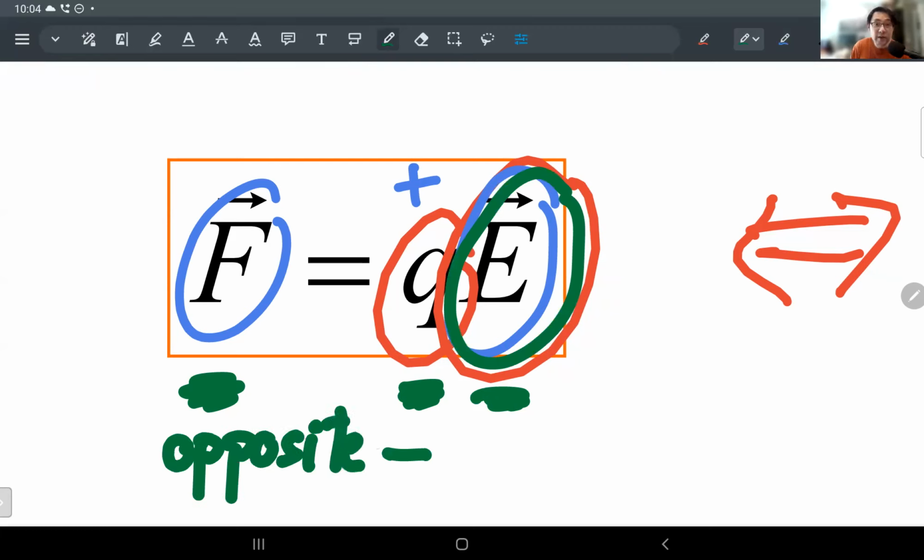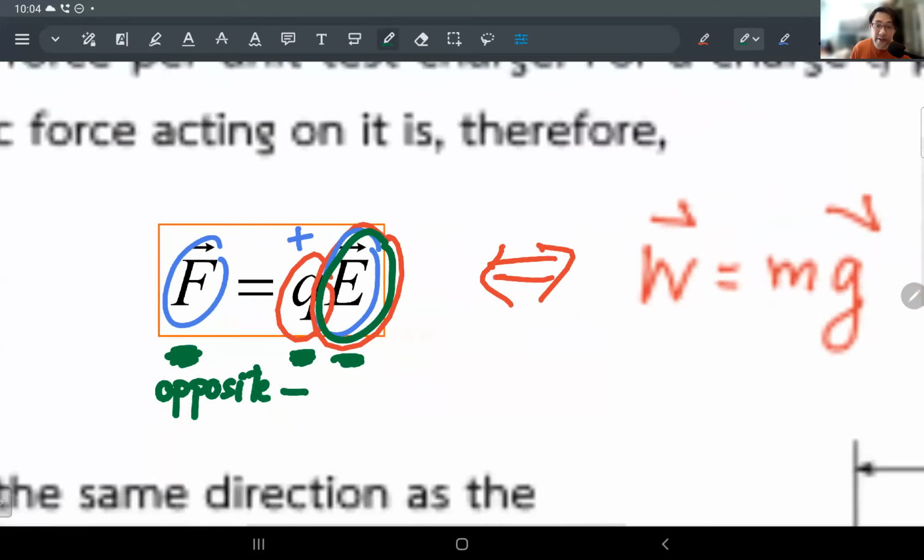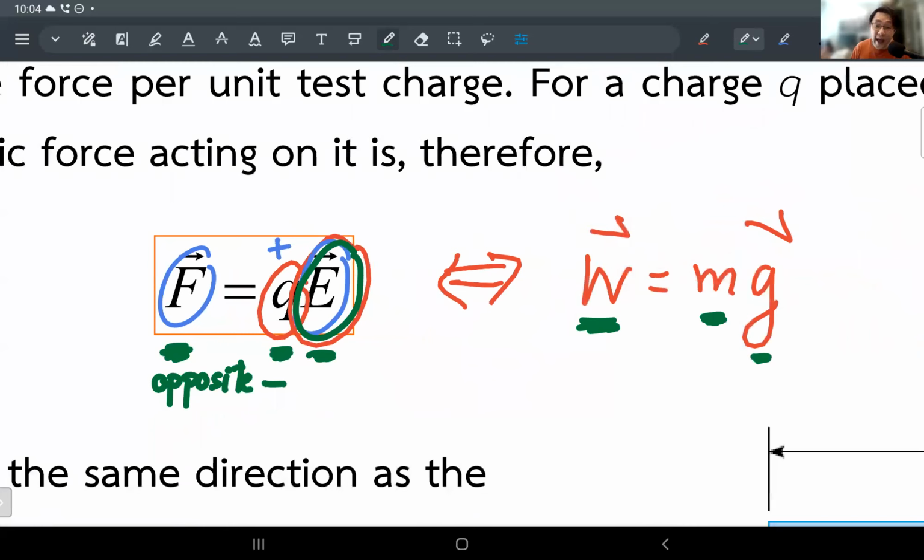That's it. So this equation works perfectly. Even though in the case of the gravitational field, you always have the mass experience the force in the same direction as the gravitational pull. But in electric fields, you have choices now because it depends on what type of charge you put in.